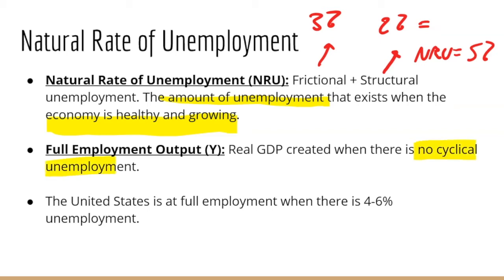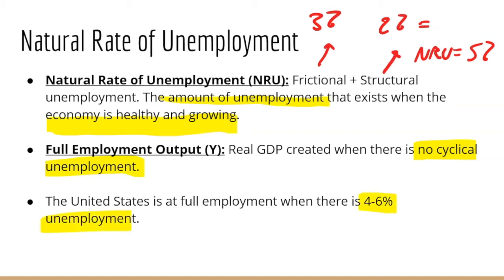And so here, when there is no cyclical unemployment, we're going to say that is full employment output. In other words, we are at potential GDP when there's only frictional and structural unemployment. And so for the United States, we are at full employment when we're at 4 to 6% unemployment.